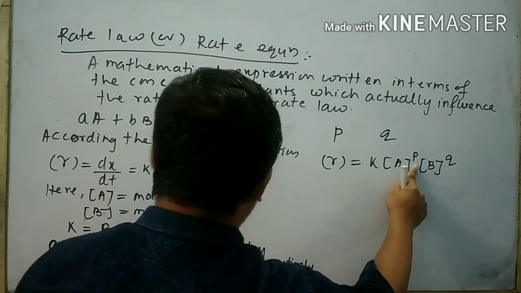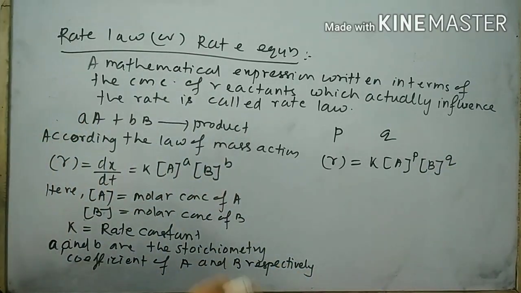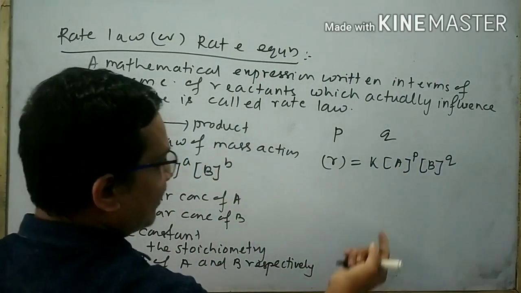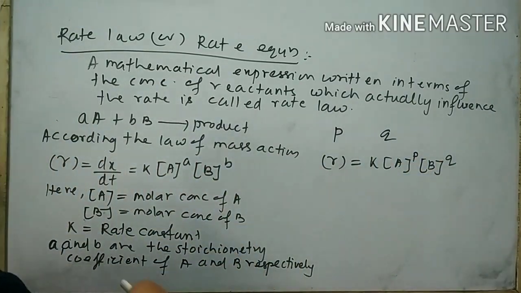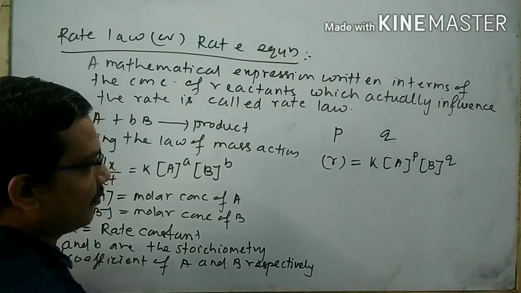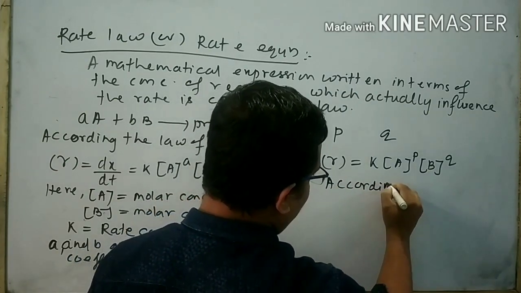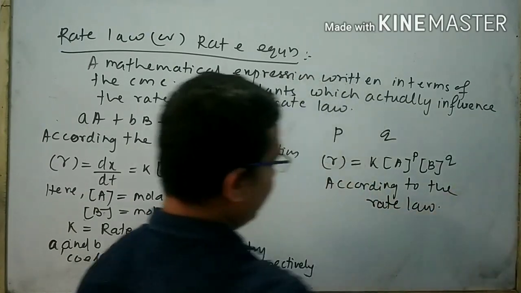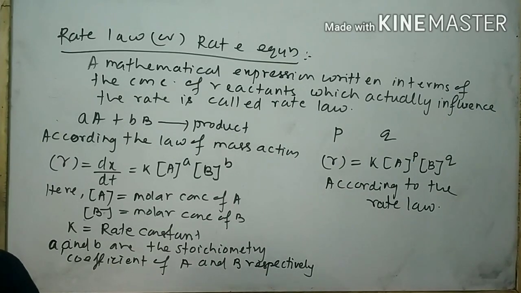Here the value of p may or may not be equal to a, and the value of q may or may not be equal to b. In some reactions p equals a, in some it does not. This expression is written according to the rate law. This is all about the rate law or rate equation.